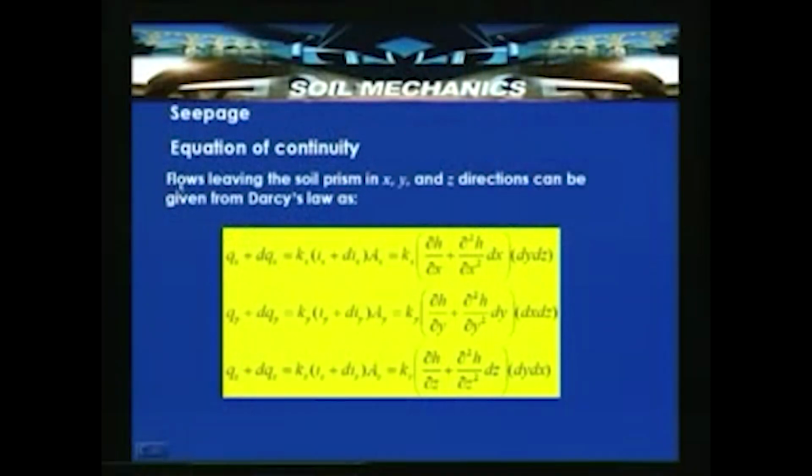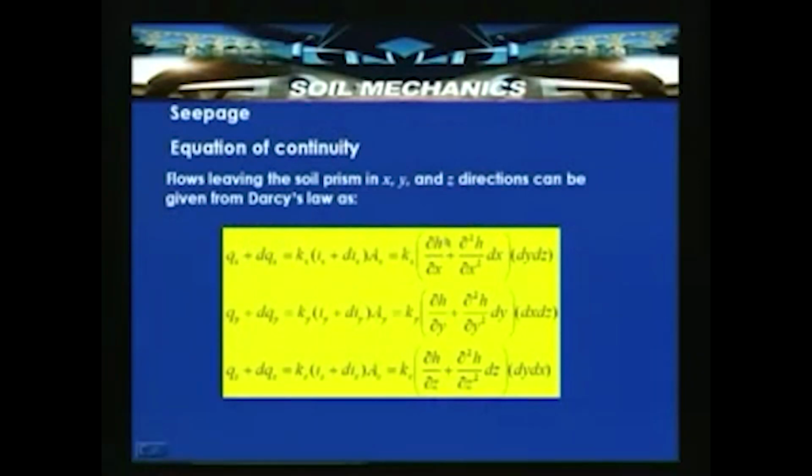So, the equation of continuity can be derived based on the flows leaving the soil prism in x, y, z directions, which can be written like qx plus dqx, where dqx is the small flow change which is occurring when the flow is entering and leaving the soil prism. So, that can be written as kx into ix plus dix, where dix is the change in the hydraulic gradient, which can be written as ∂²h by ∂x² over a length dx.